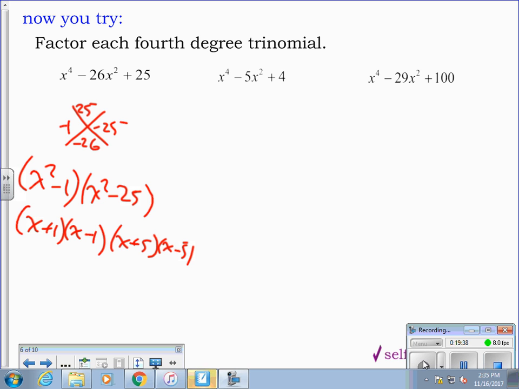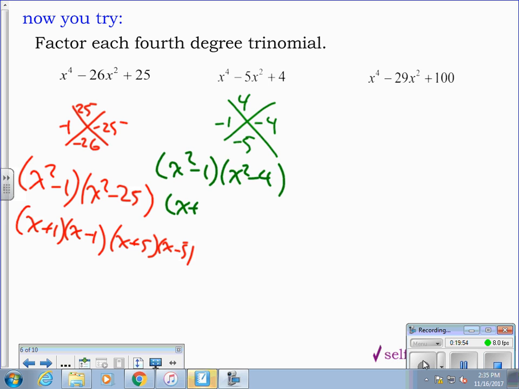On the next one, same idea. Multiply to give me 4, add to give me negative 5: negative 1 and negative 4. X squared minus 1, x squared minus 4. We've done both of those. That shouldn't be too hard. X plus 1, x minus 1, x plus 2, x minus 2. And then the last one, multiply to give me 100, add to give me negative 29.